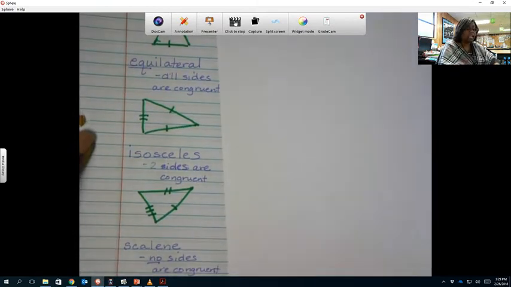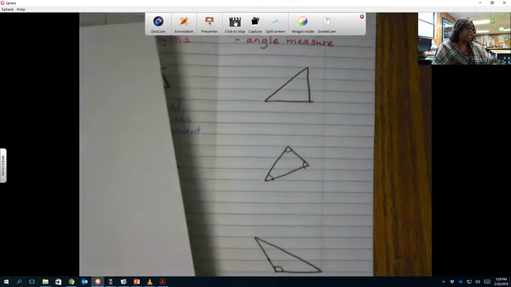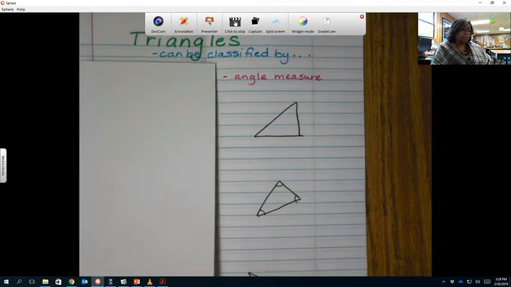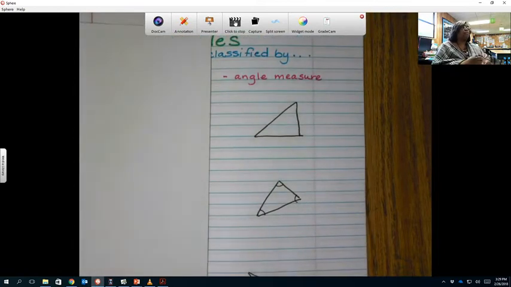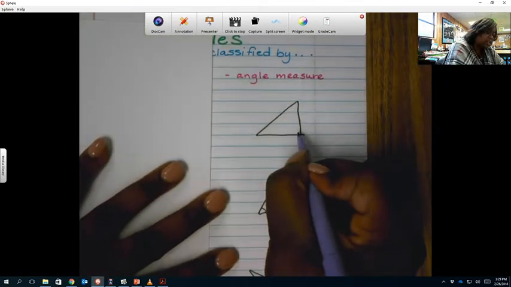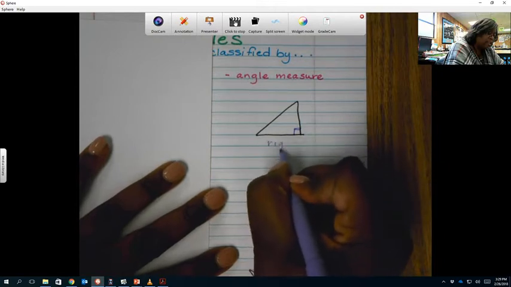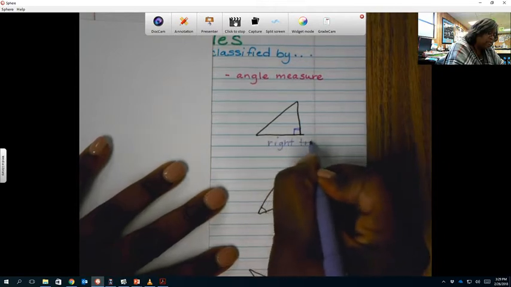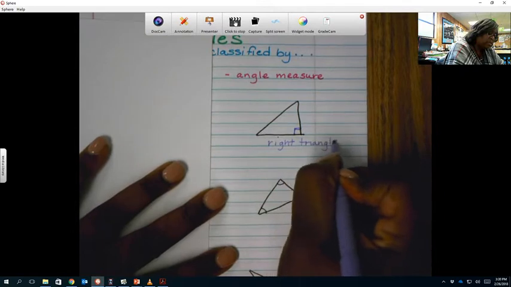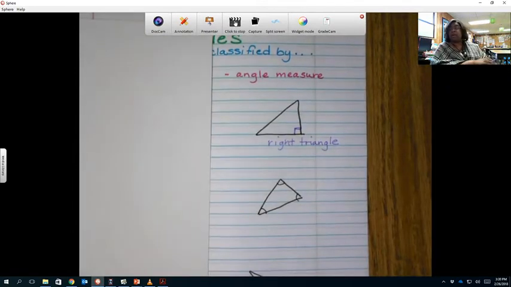Okay, let's take a look at how else you can classify triangles, and that's by angle measure. If we take a look at this first triangle, we notice that it has a right angle, so therefore we will call this a right triangle. It has one right angle.